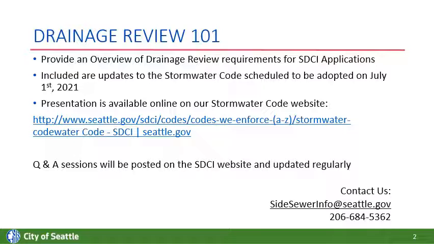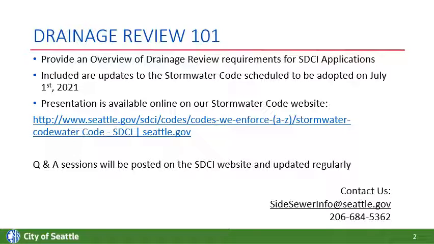We are going to follow up with some Q&A sessions, so you will likely see them in an email if you're signed up on our listserv, and we'll do a live online session where you can ask some more specific questions and hear some other concerns or questions from others who attend the sessions.